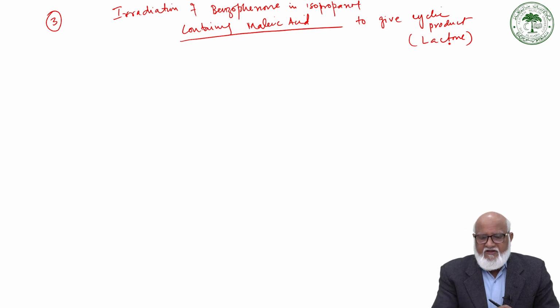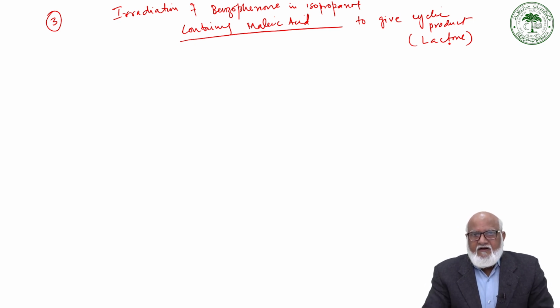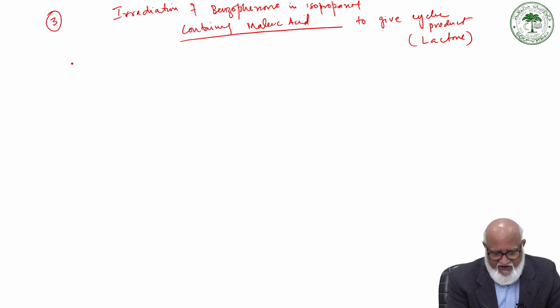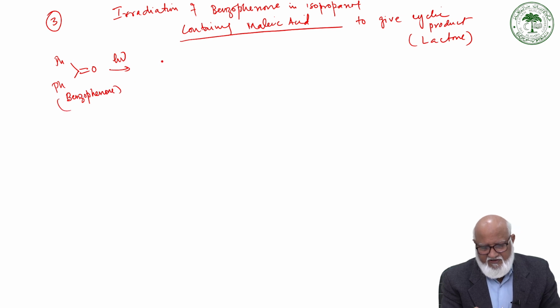So we can see in this reaction benzophenone under photolysis in isopropanol containing maleic acid gives rise to a cyclized product, that is a lactone. So we start with, as usual, benzophenone, Ph. Benzophenone under photolytic conditions goes to the excited carbonyl.